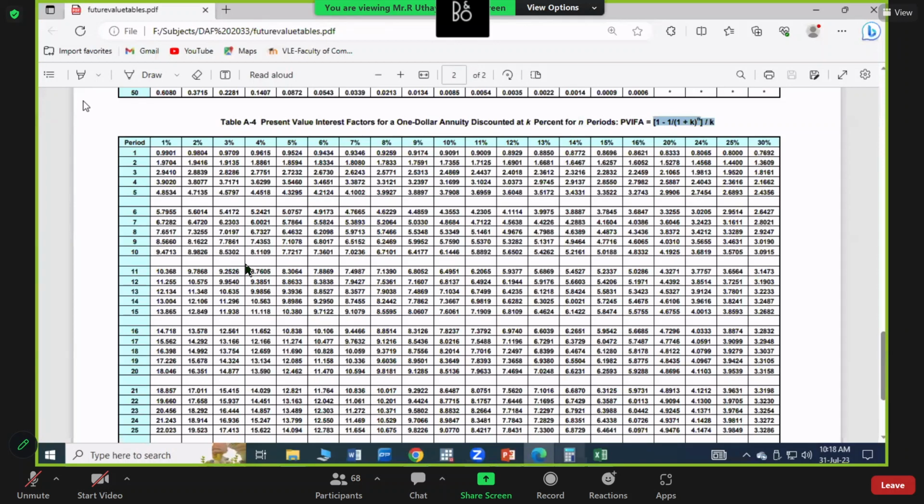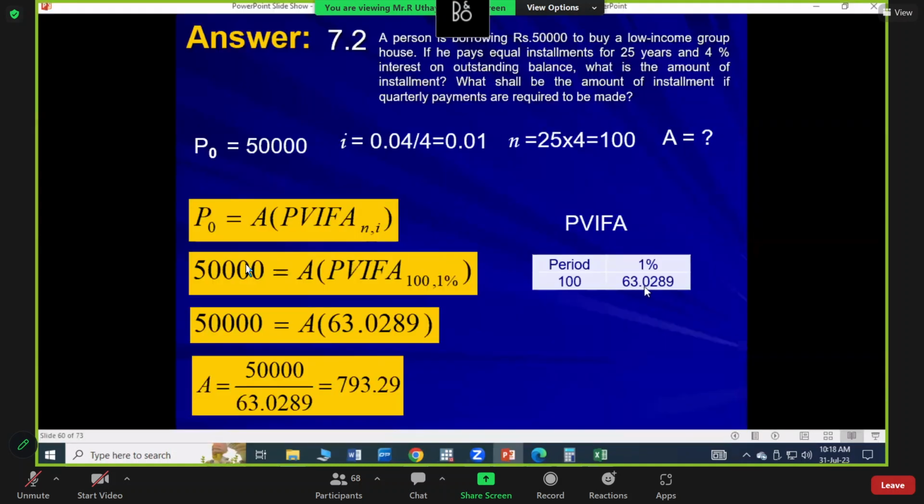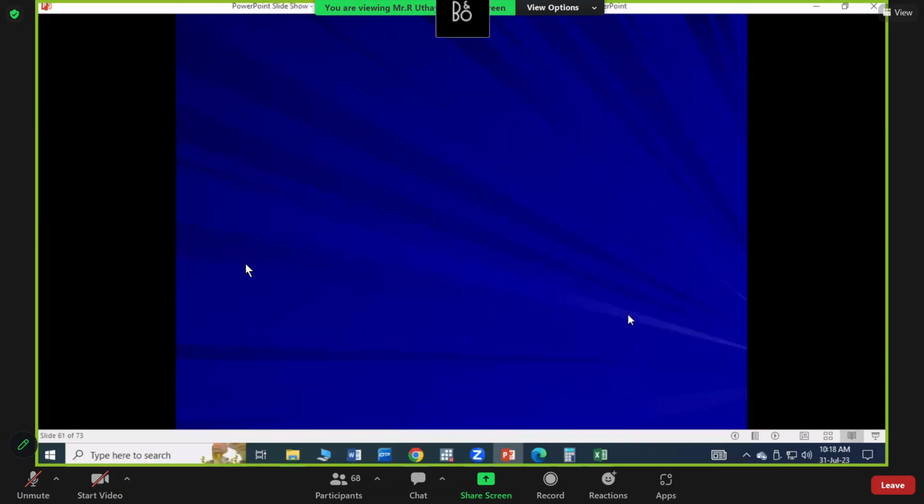Then you can get that as the value 63.0289. So it is confirmed that this value is correct.